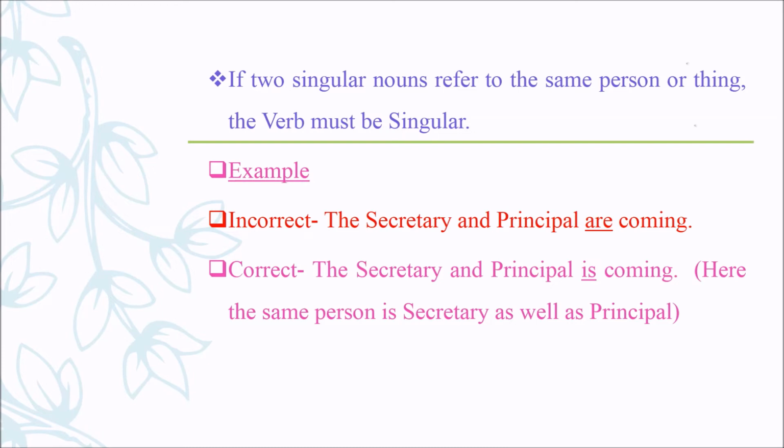No. The correct sentence is the secretary and principal is coming. Why? Because here the same person is secretary as well as principal. Here the secretary and principal are two singular nouns that refer to the same person. So the verb must be singular. So the correct sentence is the secretary and principal is coming.